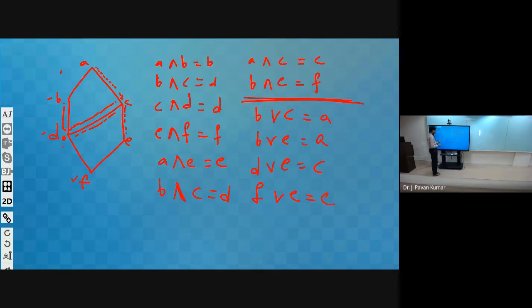Like this, we can find out whether we have the greatest lower bound and the other one, least upper bound. We denote them with meet and join.